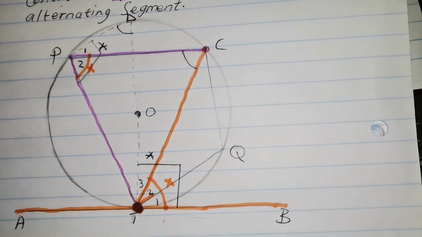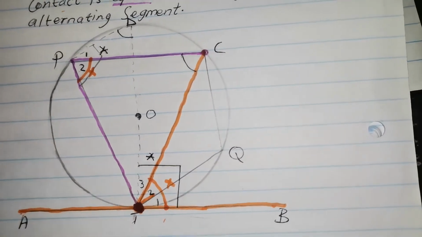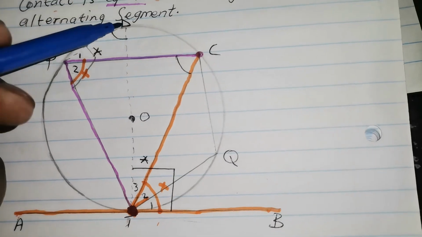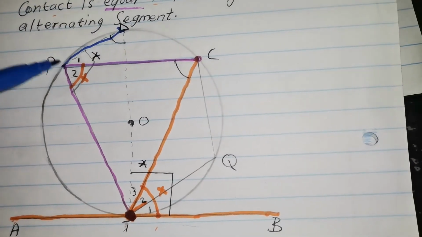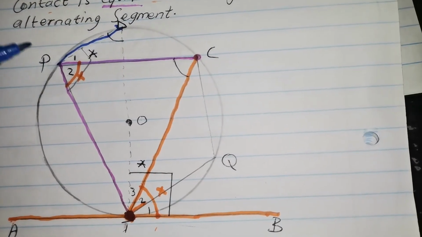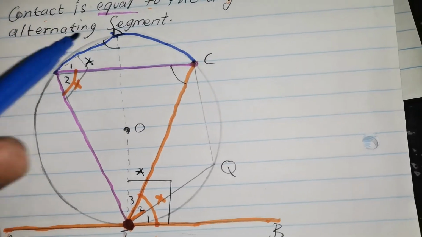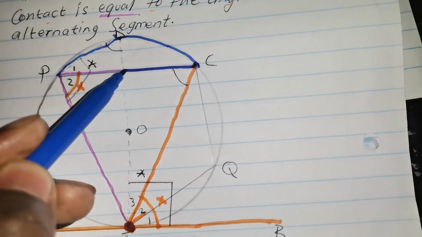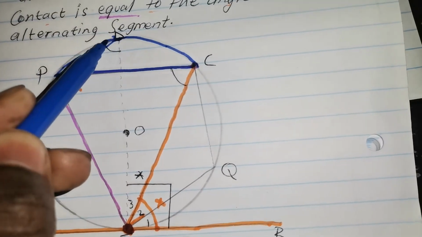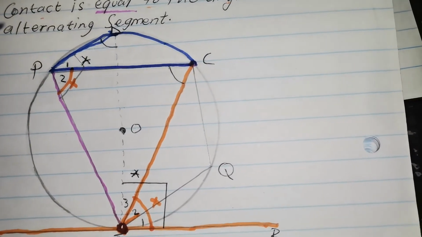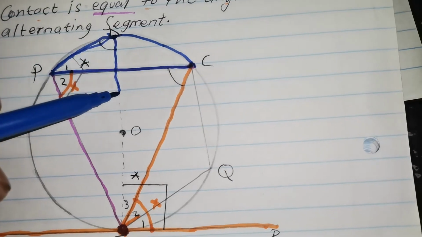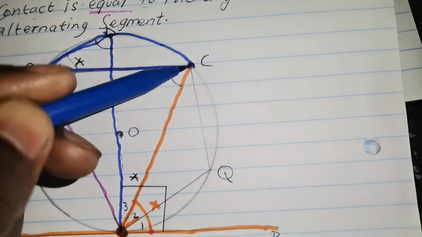Let me just show you by color. So this arc DC makes P1, and arc DC also makes T3.